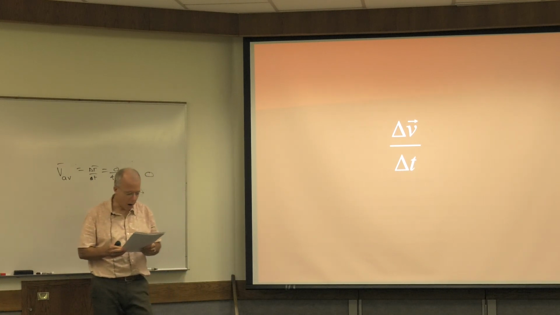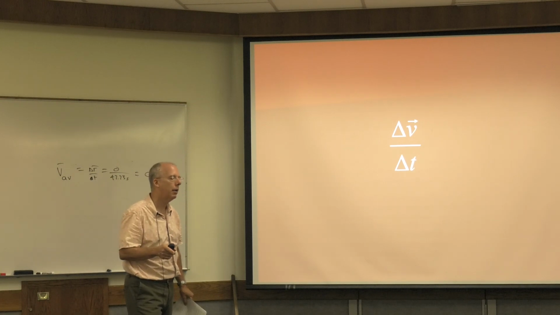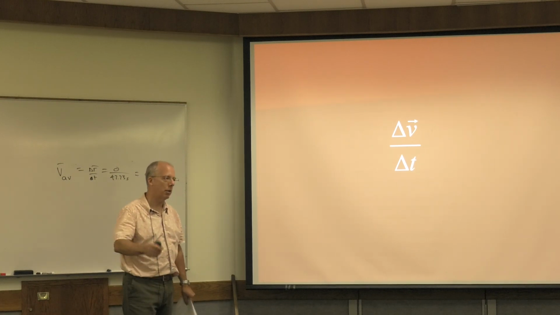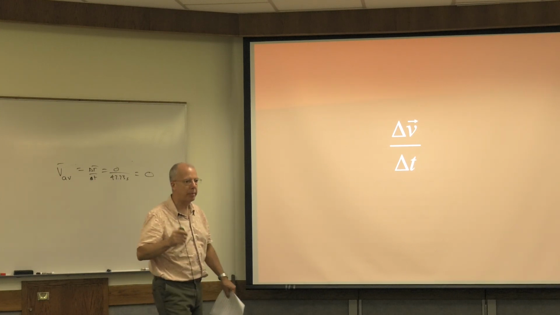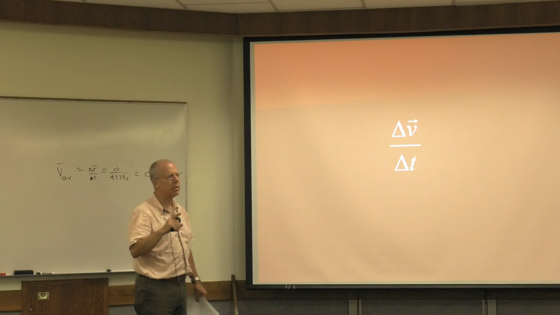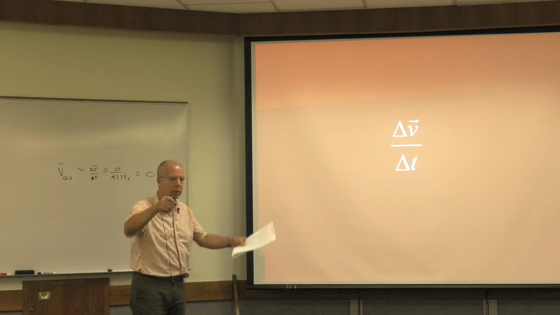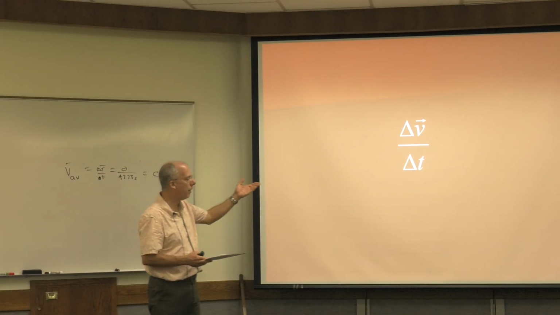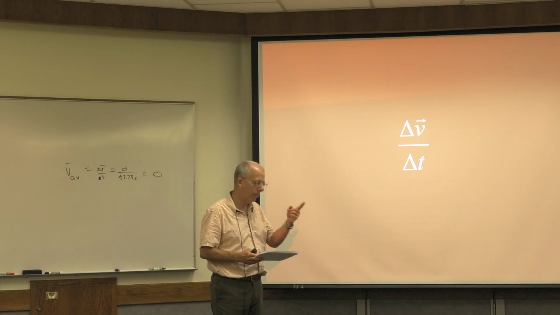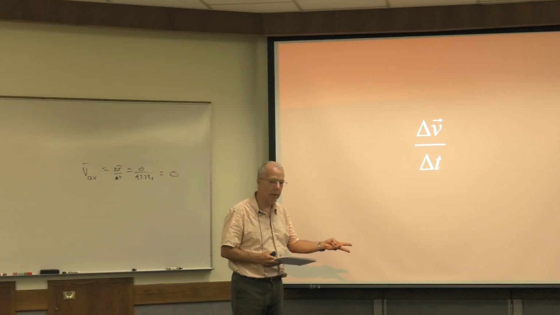So think of a car. How can you change the velocity of a car? Well, most people say the brake, which slows it down. Or the accelerator, which speeds it up. Now that's magnitude. How about the direction? The steering wheel. So there are 3 ways to change the velocity in a car: the brake, the accelerator, and the steering wheel.